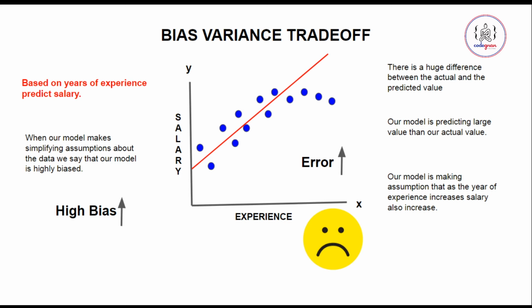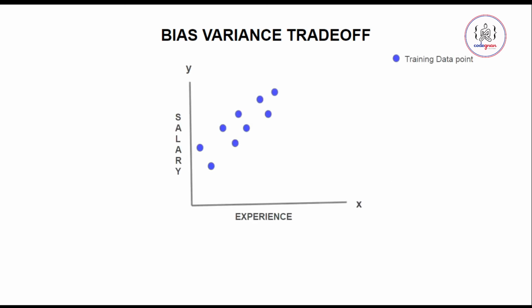All right, now let's consider another example. We have years of experience on the x-axis and the salary on the y-axis, and these are our training data points, which are in blue. Now let's say I have trained my model enough, after 1000 iterations of training, that it fits through all the data points.